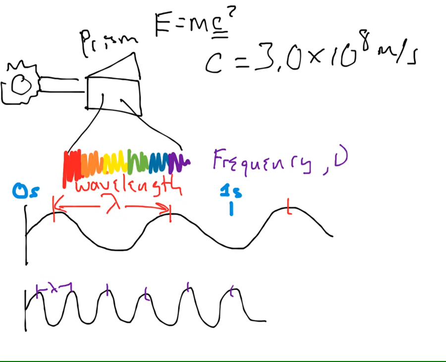Okay? So, in 1 second, on the long one, I get one wave, right? And then half another wave. Are you with me? But on this one, I get a lot more than 1.5 waves, right? This one I get, here's a wave, and here's a wave, and here's a wave, and here's a wave, and here's a wave. Right? Are you with me? So same speed, but I get a lot more of them.